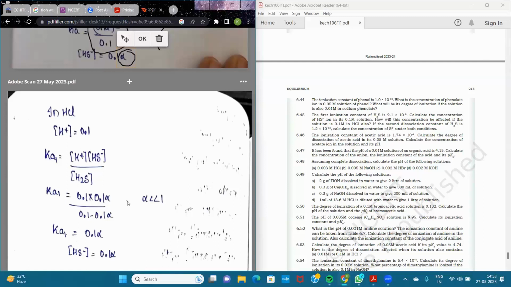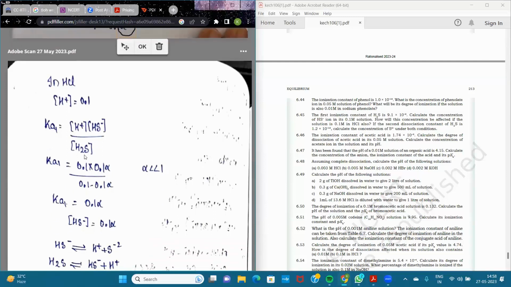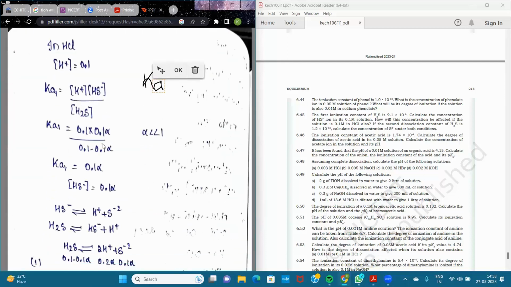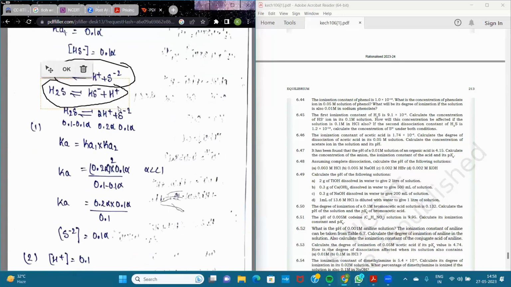In the second part, the second dissociation constant of H2S, Ka2, is very, very small. The degree of dissociation of this reaction is almost negligible. So we can directly add the two reactions, that is the dissociation of HS minus and the first dissociation of H2S, and we'll get the total overall reaction as H2S giving 2H plus plus S minus 2.